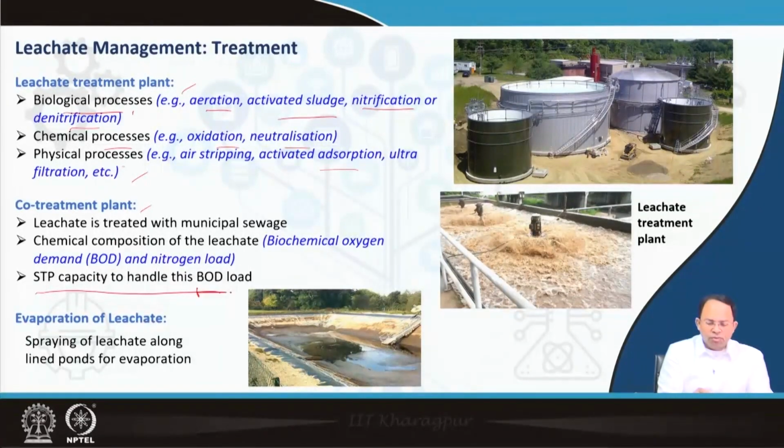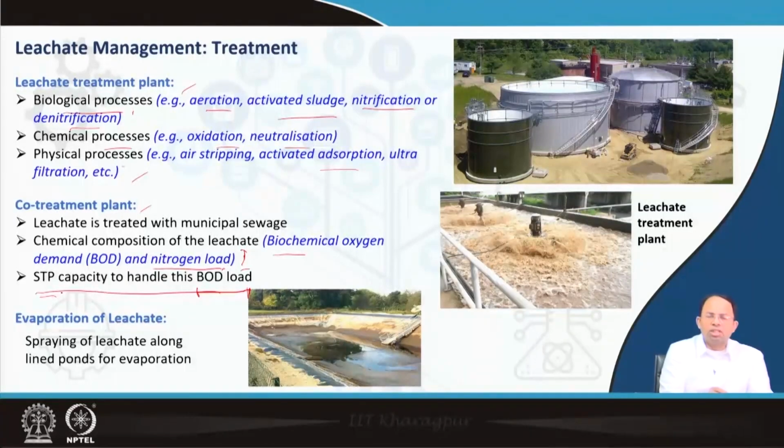And this capacity is in terms of the BOD, or biochemical oxygen demand, load. Whenever leachate is brought for treatment, it has organic matter, so obviously the BOD will increase, and similarly the nitrogen load will also increase. So this extra BOD and nitrogen load has to be taken care of by the sewage treatment plant, so the capacity has to already exist.